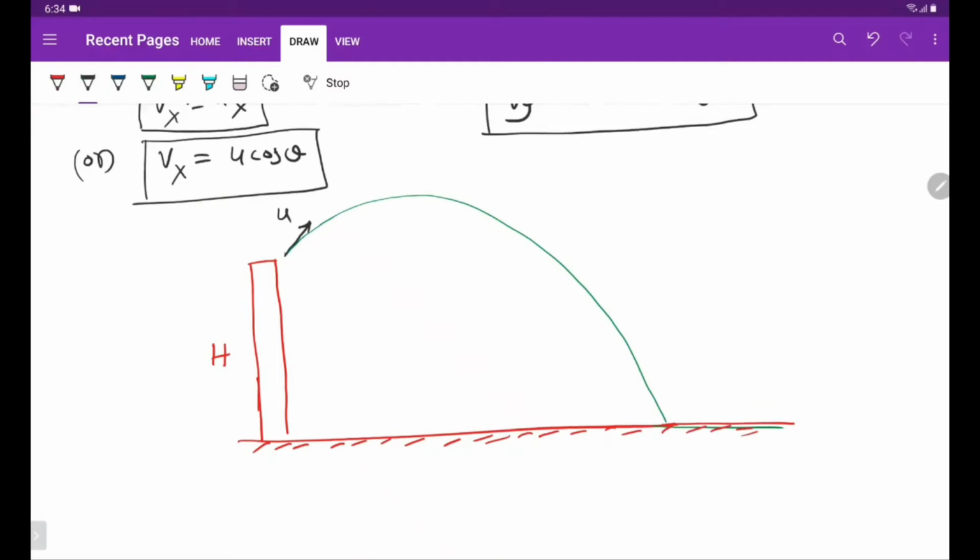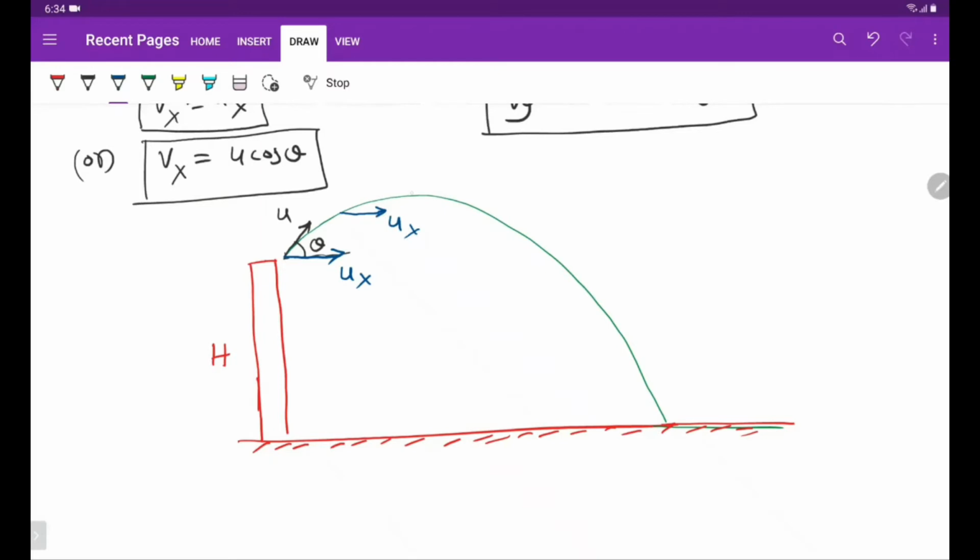At any time, look at the x and y components. The x component makes angle theta, so in this direction we have the x component Vx. Initially it is Ux, and as time increases it is always Ux.